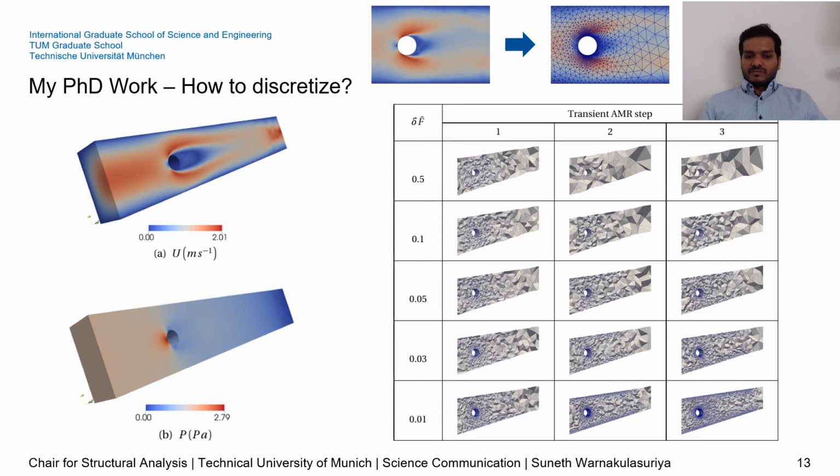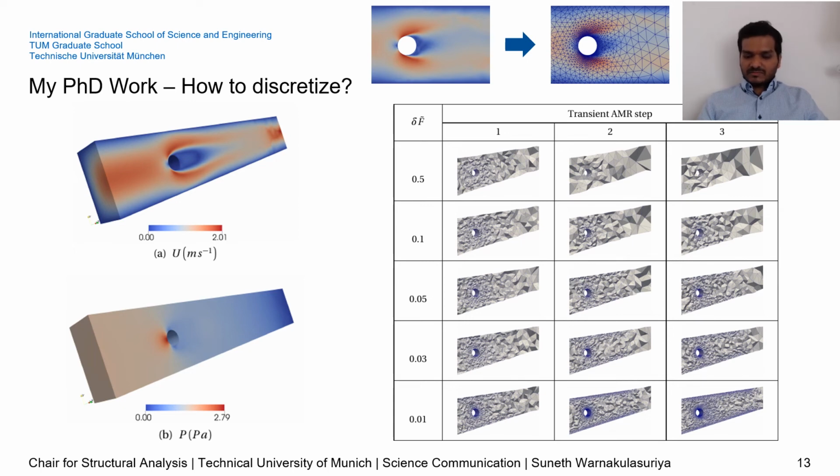Most of the time when we do numerical wind tunnel testing, we are interested in an objective such as how much drag I see around the cylinder, in this cylinder case. The wind is flowing from left to right. How much drag do I see? And what is the accuracy of whatever I calculate from the numerical wind tunnel? Based on that, I calculate the error sensitivities of this drag calculation.